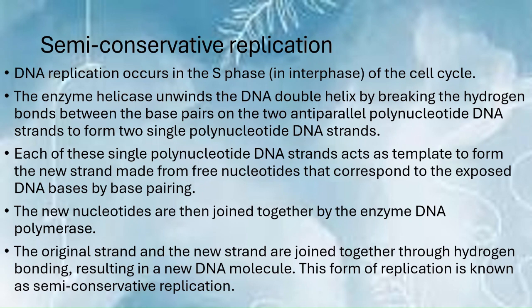Each of these single strands acts as a template to form the new strands made from free nucleotides that correspond to the exposed DNA bases by base pairing. The new nucleotides are then joined together by the enzyme DNA polymerase. The original strand and the new strand are joined together through hydrogen bonding, resulting in a new DNA molecule. This form of replication is known as semi-conservative replication.